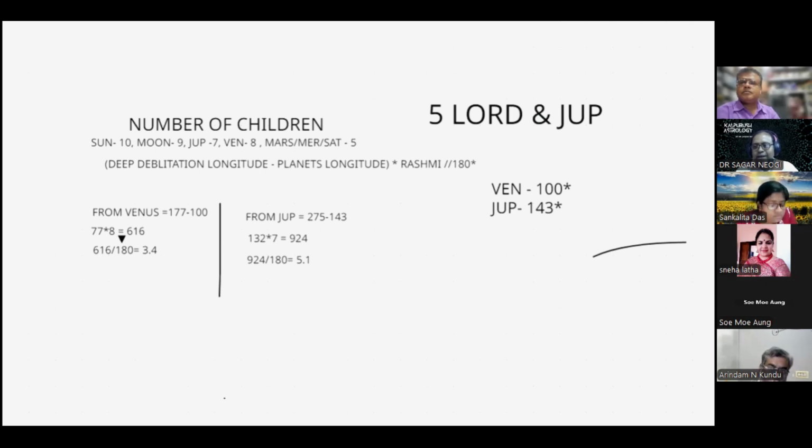If the planet is placed in the enemy sign, then of the Rashmi the planet usually gives, we have to take the 5/16th portion.